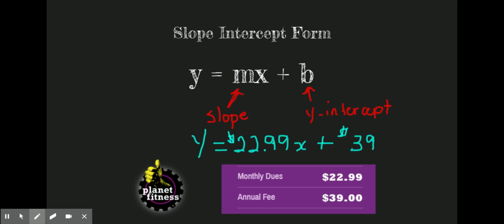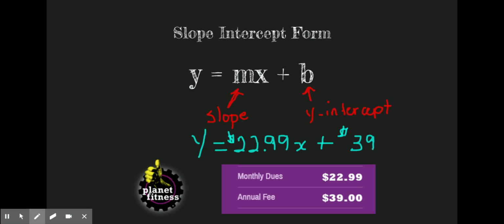So just to join this gym, they're going to make me pay $39 and then $22.99 a month after that. So my first month, I have to pay $22.99 plus the $39. The second month, I pay $22.99 times 2. So 2 months would be $22.99 times 2. But I still had that initial $39 fee. I don't have to pay it one time, once every year.